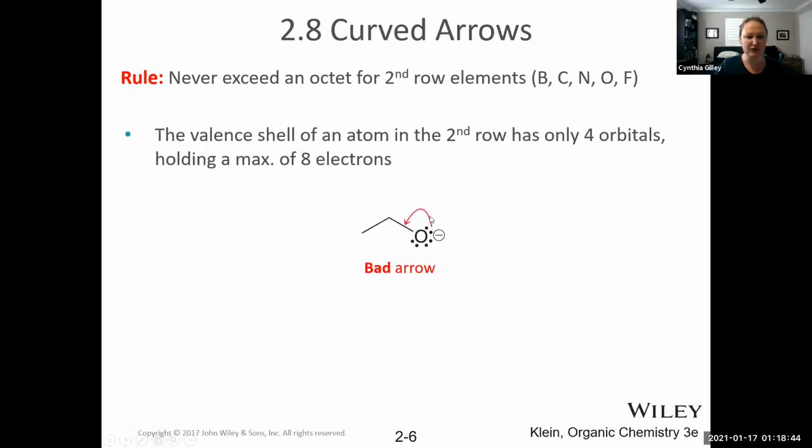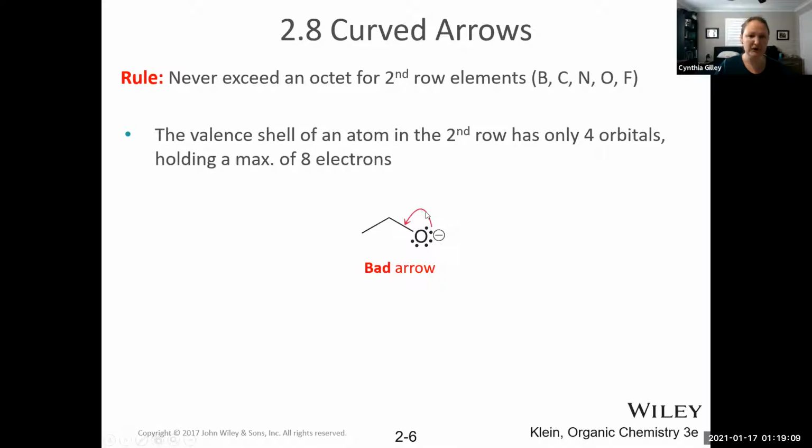Because if we push electrons the way we're showing here, this arrow shows that the lone pair is being moved to be shared as a pi bond between the carbon and the oxygen. We know it's a pi bond because there's already a sigma bond. So if you're going to be making another bond, it will be a pi bond. Or you can think of it as the formation of a double bond.